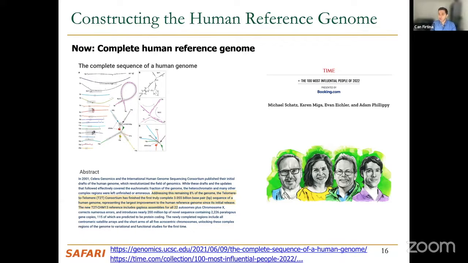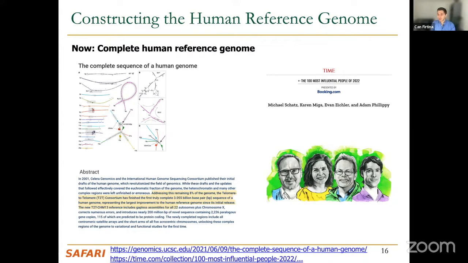And the tools were, of course, also being built and improved within that time. So eventually, as we improved things, we were finally able to construct the full human reference genome, essentially gapless, the complete human reference genome.